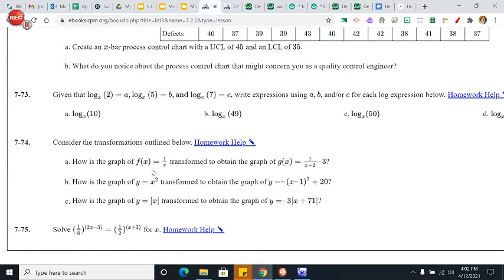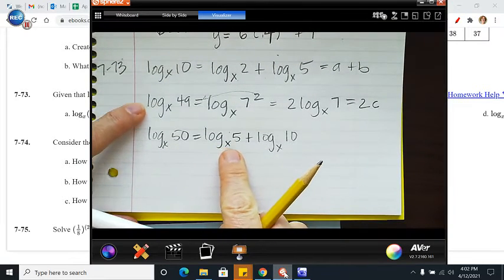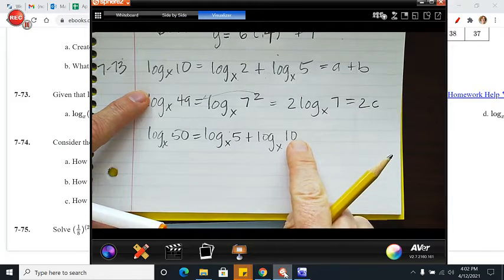I think, let's see, log base x of 50. So log base x of 50, we could rewrite that as, you're trying to write it in terms of 2, 5, or 7. So that could be log base x of 5 plus log base x of 10, which, whoops, I'm not even showing you. Okay, for this one, you could rewrite this as log base x of 5 plus log base x of 10.